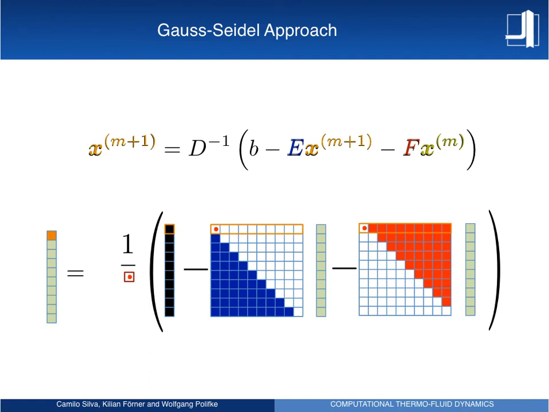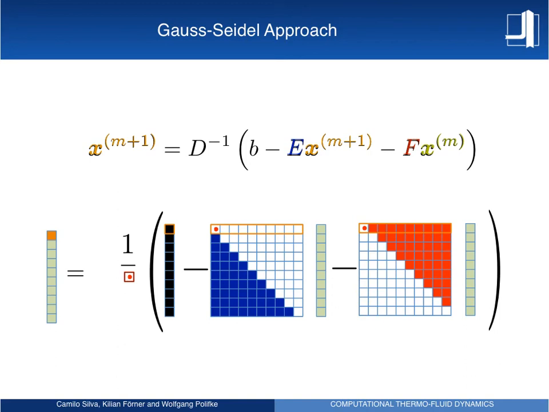In addition, we have the lower part of the matrix A, which is this blue one, and the upper part, which is this F. They do not contain the diagonal. And this dot just shows which element we are actually considering in this 1 over D, okay?